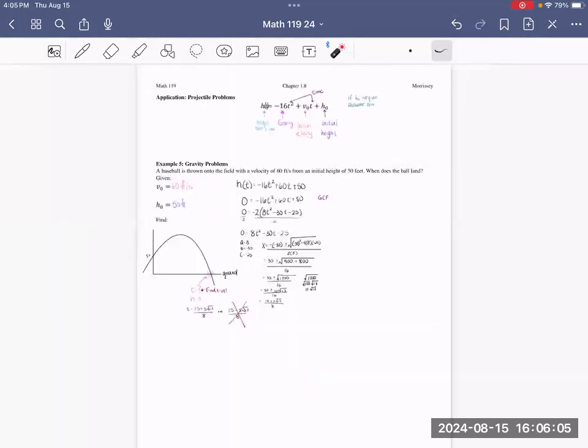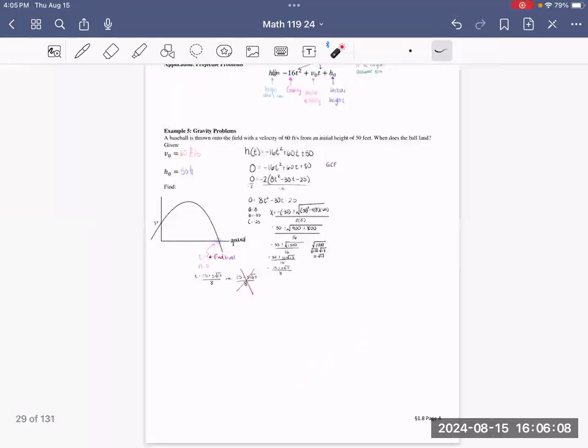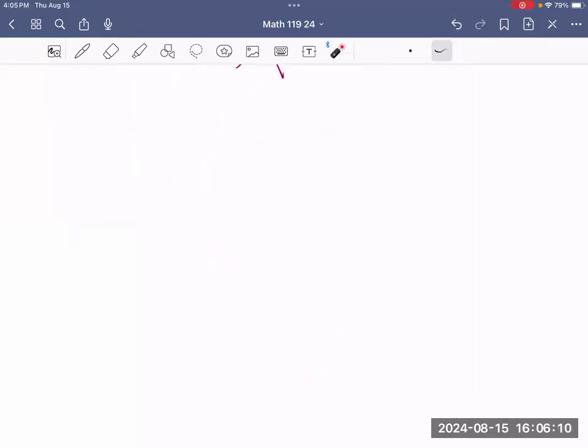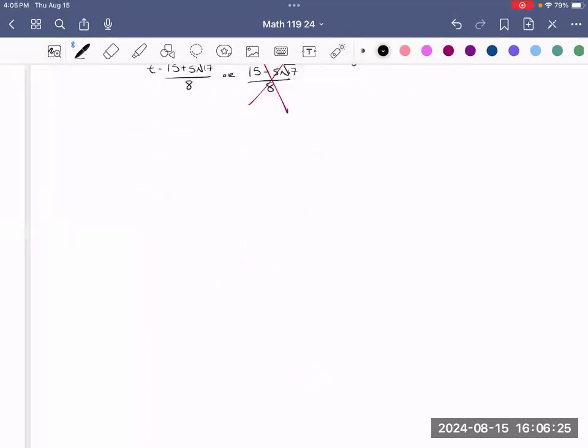Now let's talk about, and this is the last thing we're going to do, I promise, the metric system. So on your homework, you might come into contact where it's not feet per second. It's going to be meters per second. So we're just going to swap.